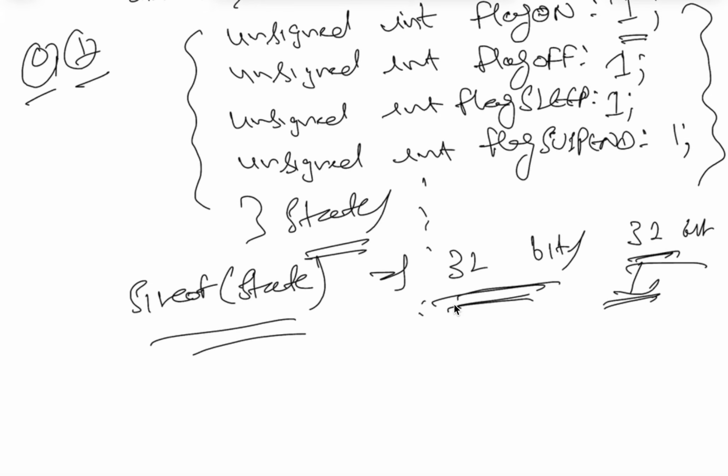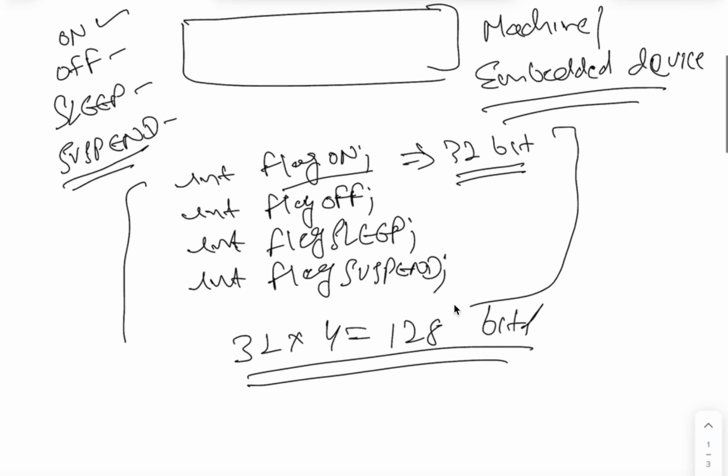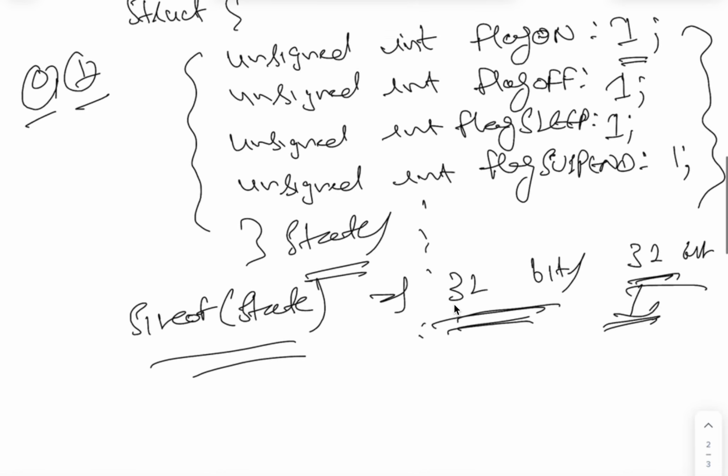This is how you're saving memory. Without bit manipulation, you were consuming 128 bits, but with bit manipulation, you are using only 32 bits of memory to represent the same flags. So this is the benefit of using bit manipulation.